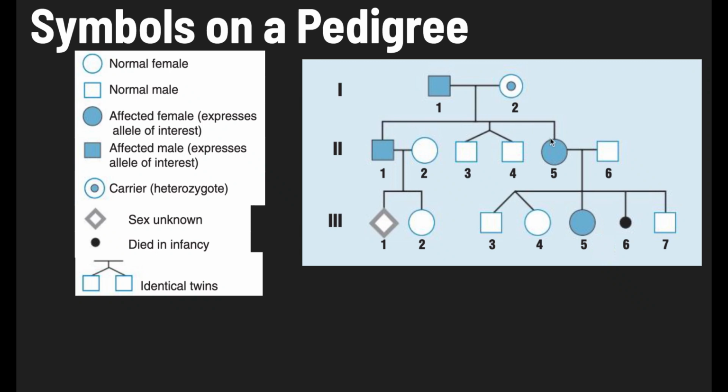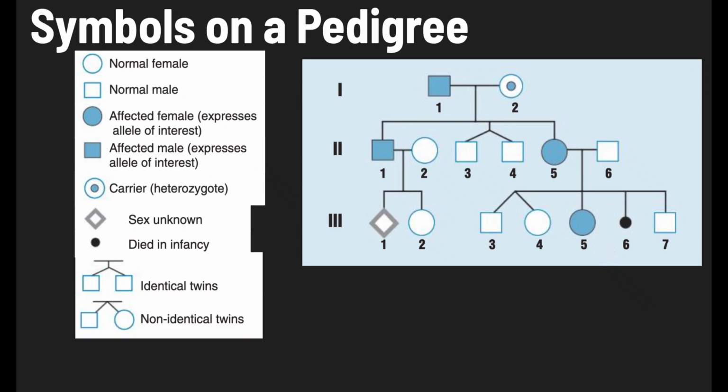They also had a girl right here. Wherever the lines connect, they had a girl here. But see this symbol right here where it goes down and branches, that would represent, in this case, identical twins. And these were identical twin boys. If you see, on the other hand, children like this, where it's one boy, one girl, these are non-identical twins.